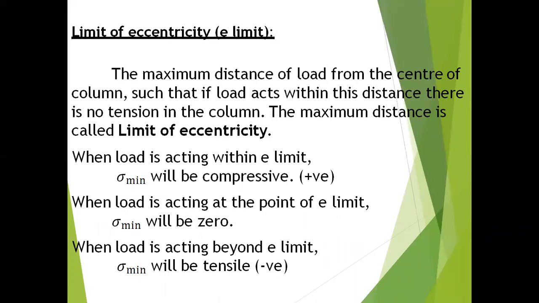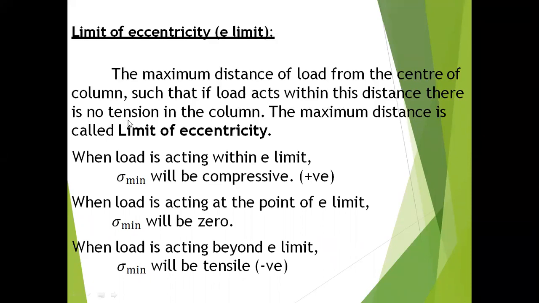Then what should be the limit of eccentricity of a column to have safe direct and bending stresses? We are going to see that limit now. It is the maximum distance of load from the center of the column such that if the load acts within this distance, there is no tension in the column.